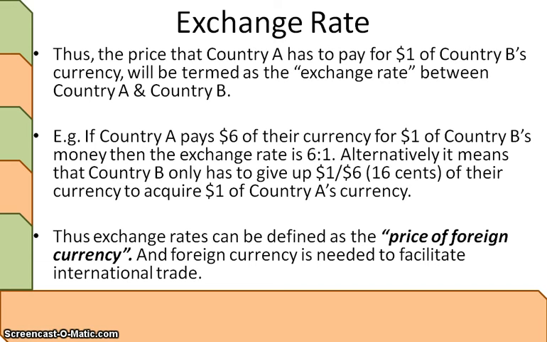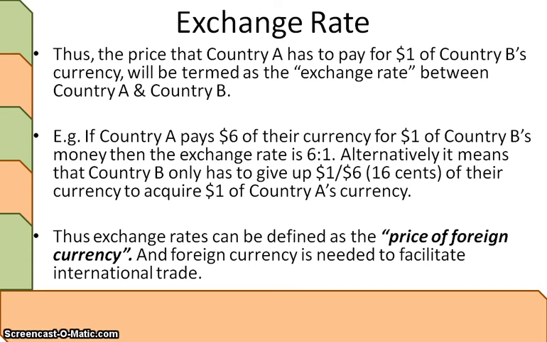And if you have to import, it means you have to acquire the currency of the countries you are importing from. And as long as each of the currencies does not have the same purchasing power, there will be a difference in the rate of exchange.